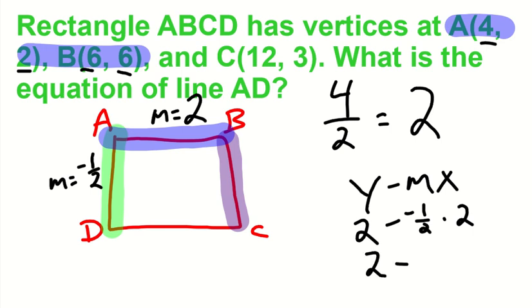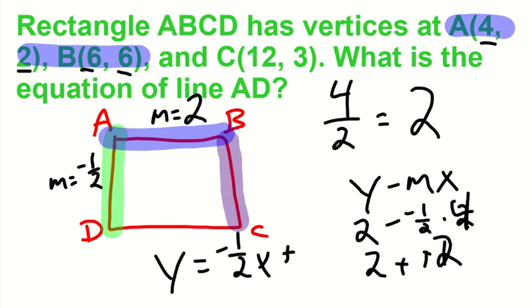So we got 2 minus negative 1, same change. What did I mess up? Oh, that should be a 4. Sorry. And that makes that a 2. Yeah, my bad. Put the wrong letter. So 2 plus 2 makes 4. So y equals negative 1/2 x plus 4. Okay? Any questions?